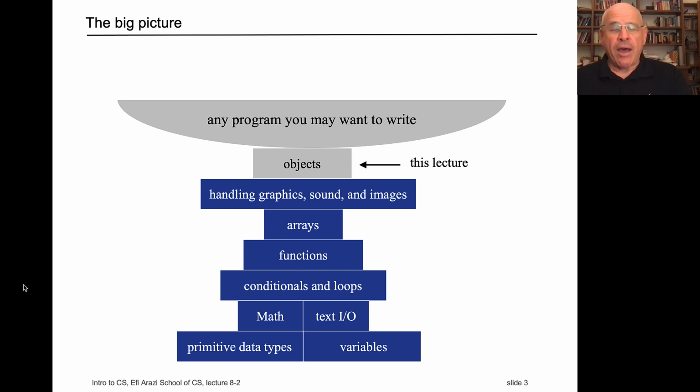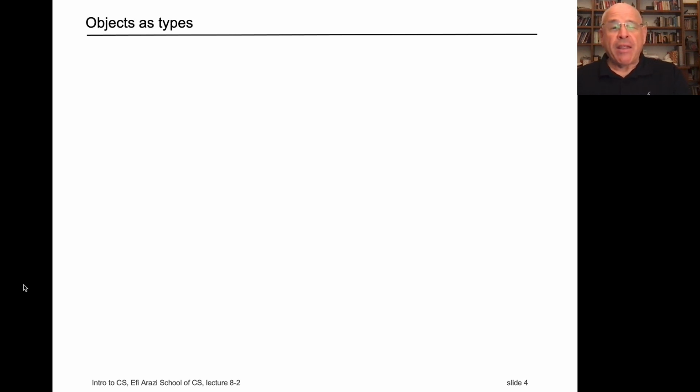Well, now we are extending our tool set and beginning to talk about objects and about object-oriented programming. Now, there are many different ways to think about objects, and one of them is to view an object as an extension of the notion of a data type.